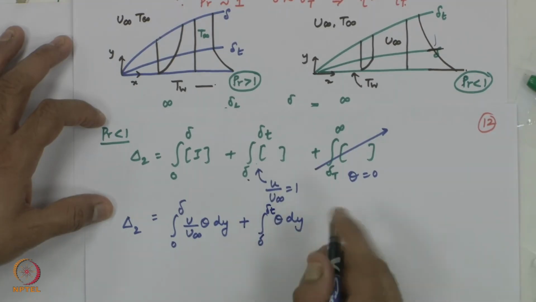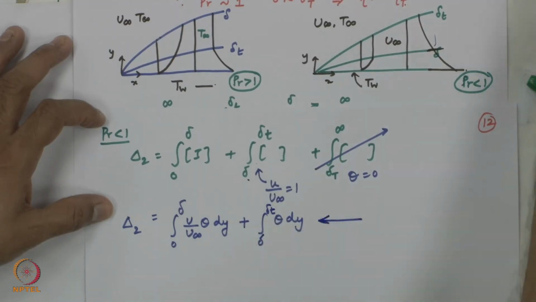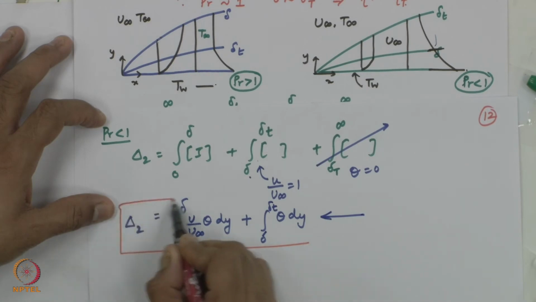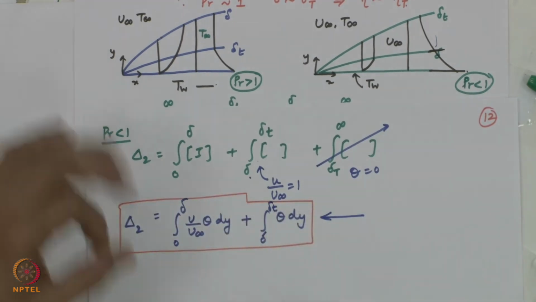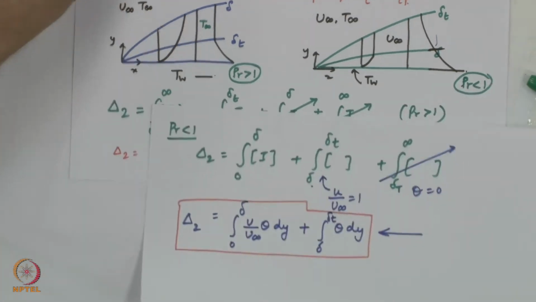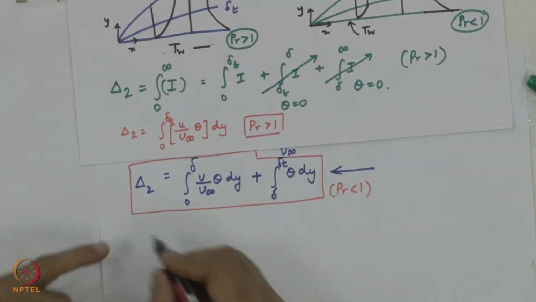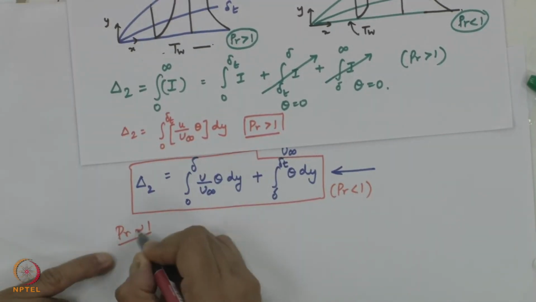It is not 0. So, I have two terms here for the enthalpy thickness. Here I had only one term. This is for Prandtl number less than 1. Prandtl number equal to 1 is what we are going to do.